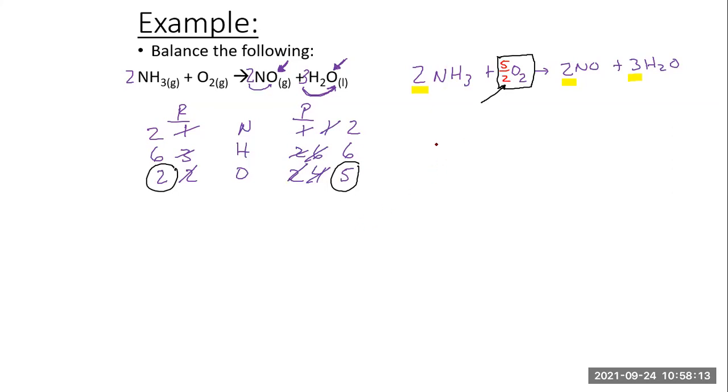When you take 5 divided by 2 and times it by the 2 that's on the bottom there, the 2's canceling, you actually end up with 5. So technically speaking, at this point, we have 2 nitrogens, 6 hydrogens, 5 halves times 2 gives you 5 oxygens. And technically speaking, this equation is balanced.